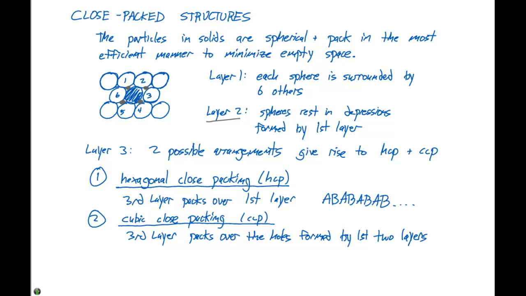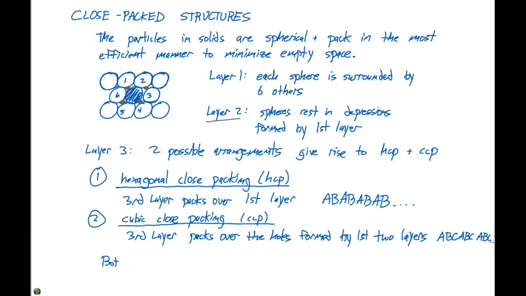And this gives rise to ABC, ABC, ABC packing. Okay, so we have layer number 1, then layer number 2 goes right on the holes of layer 1. Then the third layer packs over the holes formed by these first 2 layers. So you get like a 3-tier set of packing here.